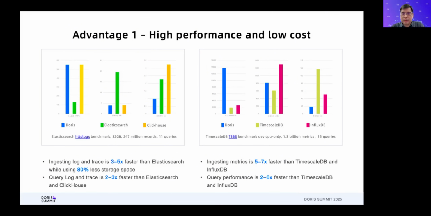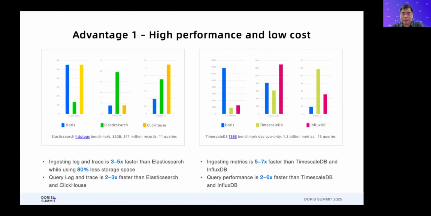And for the metrics data, we use the TSBS benchmark that is often used for time series databases. We can see that ingestion performance is very good. It's 5 to 7 times faster than TimescaleDB and InfluxDB. And the query performance is also very good, 2 to 6 times faster than TimescaleDB and InfluxDB.